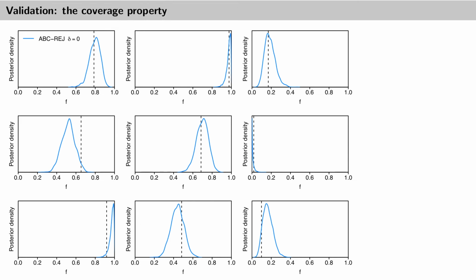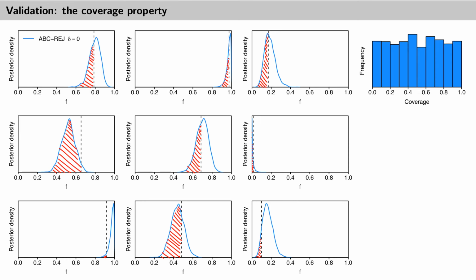That simply amounts to calculating the area of the posterior distribution on the left of the true value. So in the top left here, it would correspond to this area here. The same thing would then be repeated for every one of these posterior distributions. Since these areas correspond to the position of the true value within the cumulative posterior distribution, the distribution of these areas should actually be uniform.